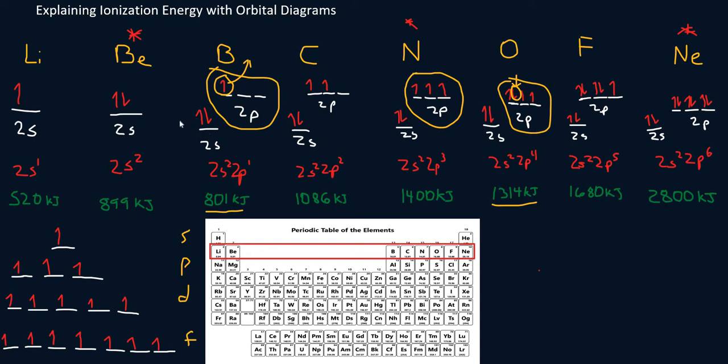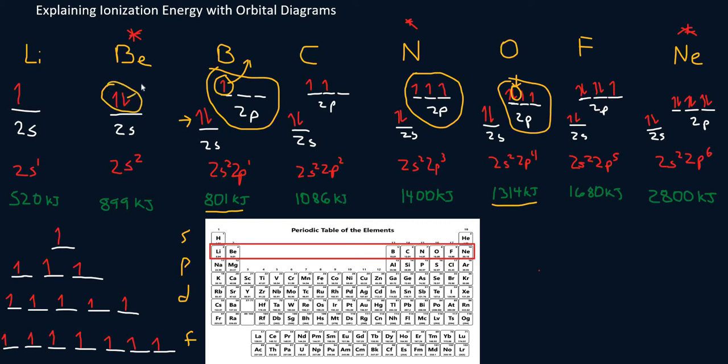So see how this 2s orbital right here is full. So by removing this one lone electron in the 2p, you can just get rid of the 2p and you're left with a full 2s. So that's why for beryllium, see, beryllium already has a full orbital.